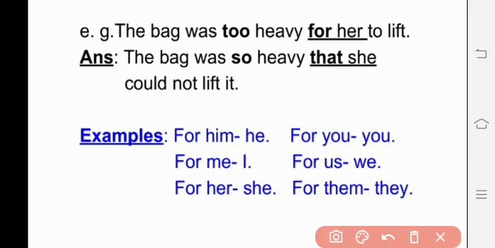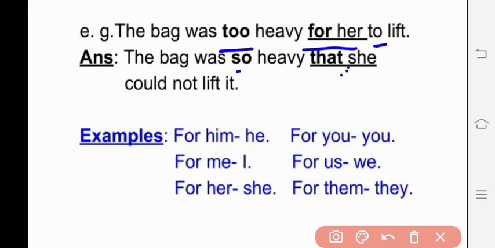Next example: the bag was too heavy for her to lift. So too is given, but with for. How do you have to convert? The same. Remove too, apply so. Remove to, apply that. And remove for her and apply she.